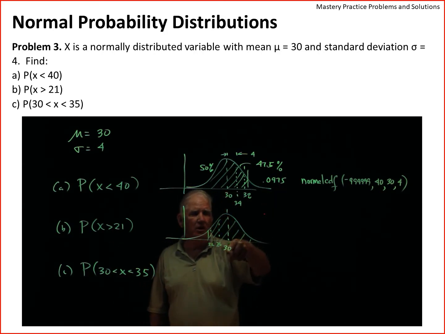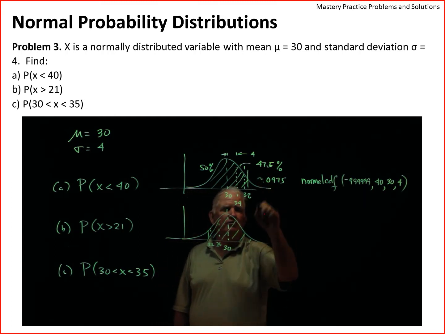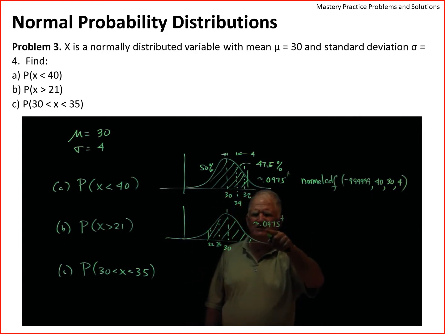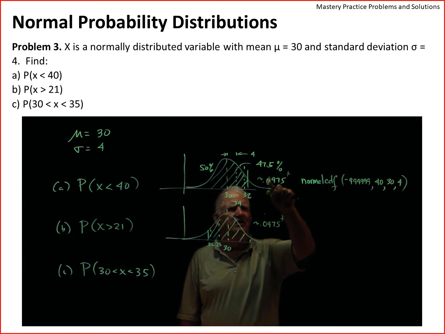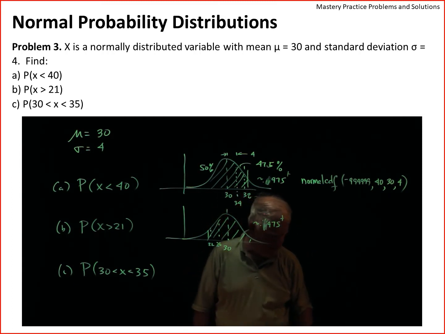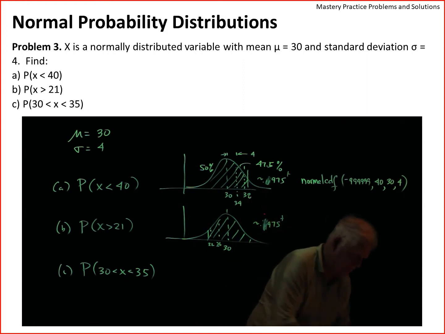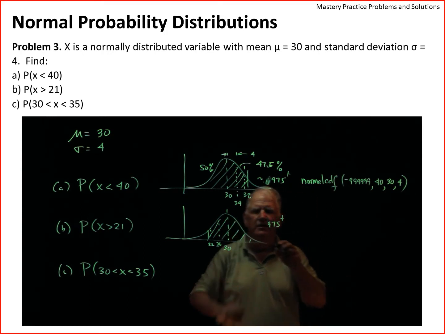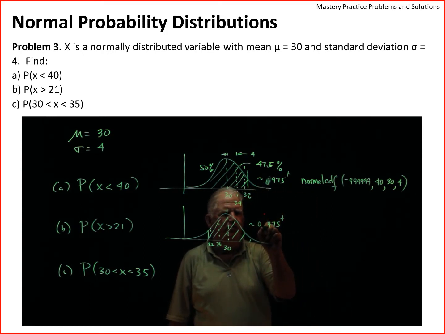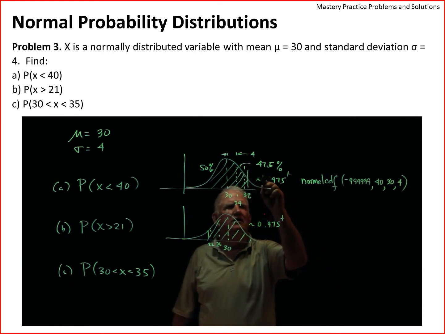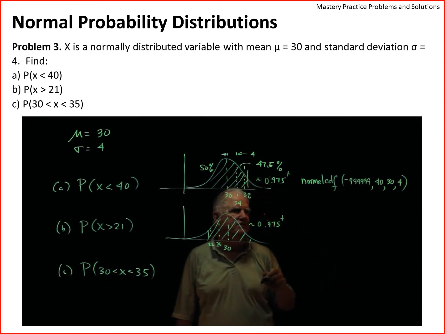And again, by the same argument, you're going to get a number that is a little bigger than 0.95, about 0.975. Zero's not in there in either case. Sorry, it's awful to try to erase this in real time.